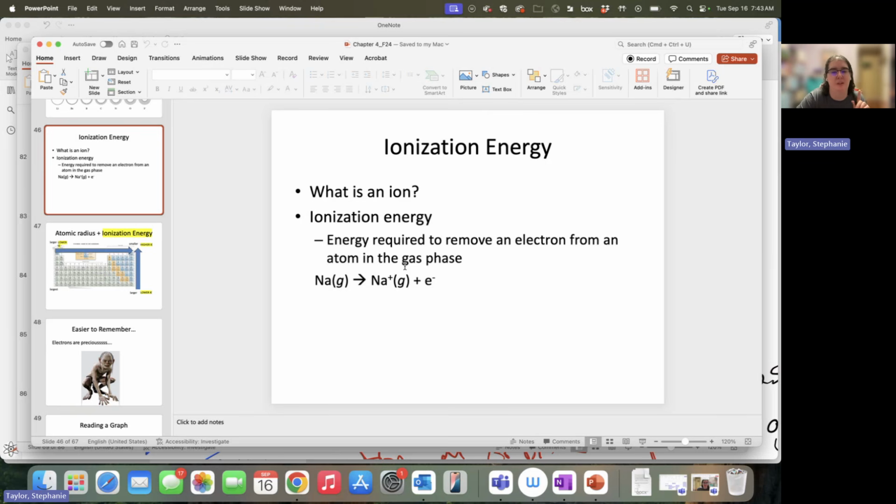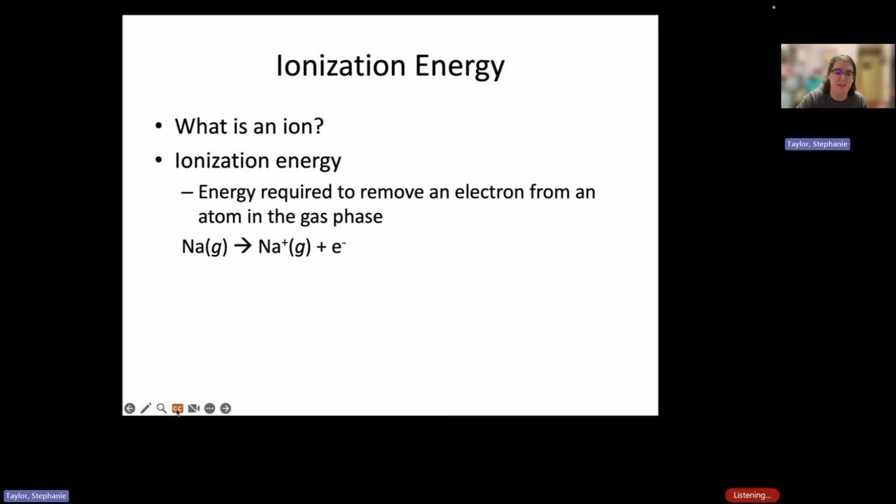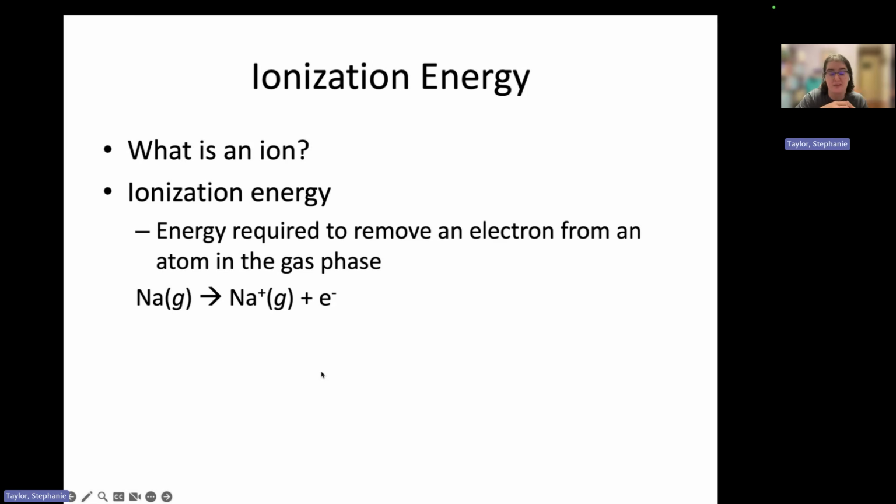So ionization energy is the energy required to remove an electron from an atom in the gas phase. Why is it the gas phase? It has to be the gas phase because, one, we are still in individual atoms.